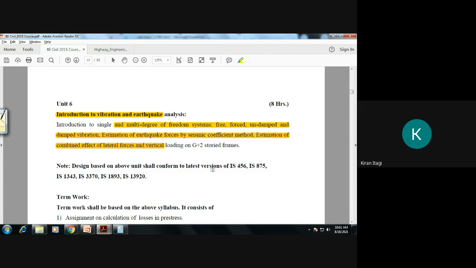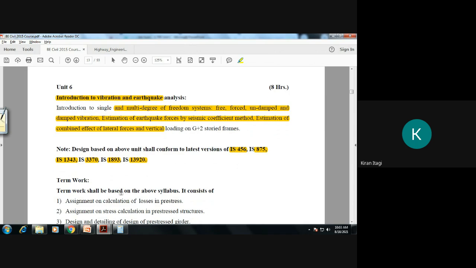And note down, we have some code books: IS 456, IS 875 part 1, part 2, part 3, part 4, IS 1343 for pre-stress, IS 3370 for liquid retaining structures, IS 1893 for earthquakes. So these are all the code books which are required.